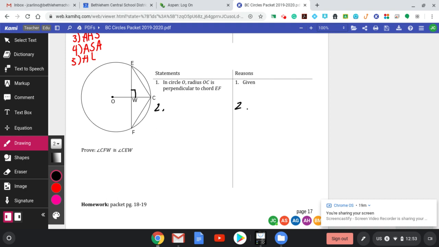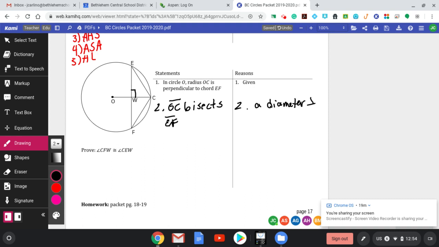Okay, because this radius is perpendicular to a chord, what's happening to the chord? Let me say it again. What's happening to the chord? It's getting bisected. So we need to write that OC bisects EF. All right. A diameter, and this is a long one, but it's useful.